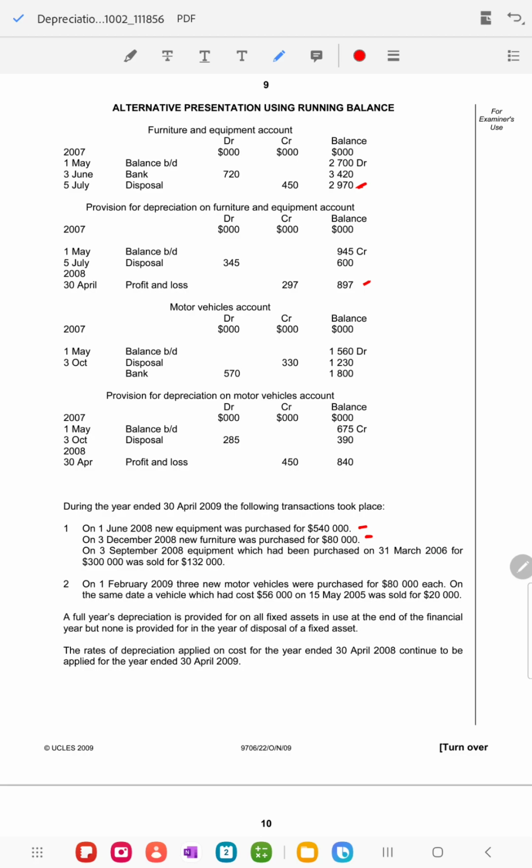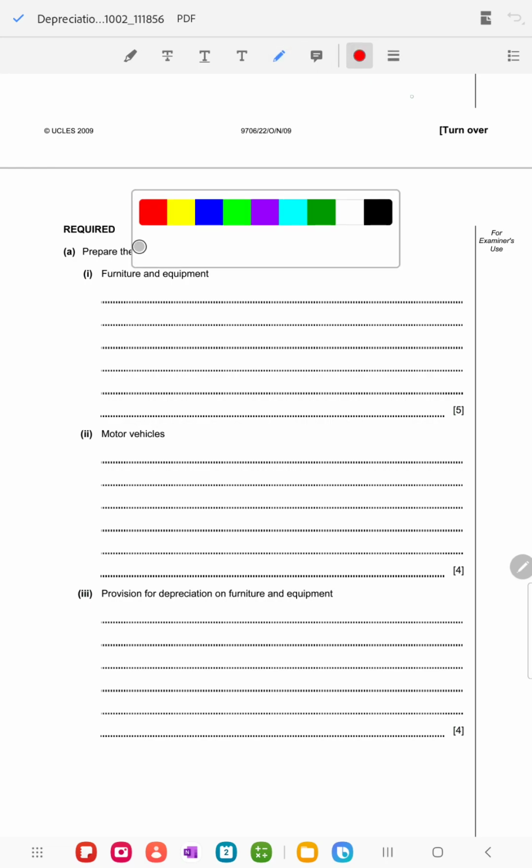The equipment which had been purchased on 31st March for 300,000 was sold on 3rd September 2008, so this is the cost of the equipment that was sold off. Let's move to the account now. The opening value of the account was 2970.